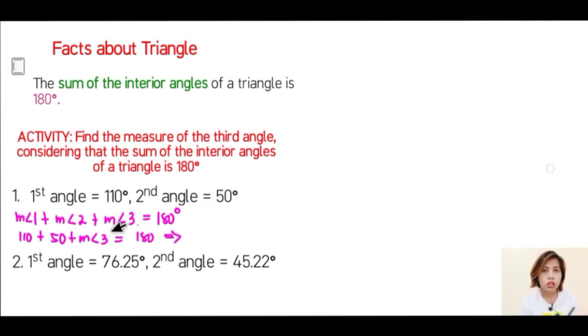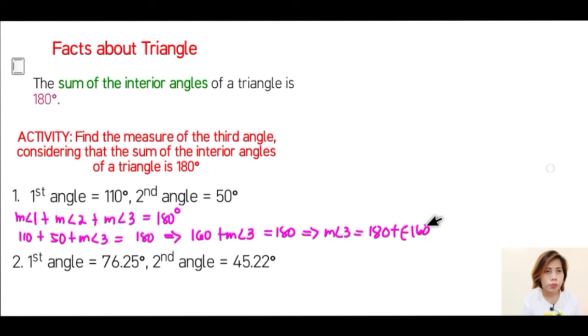So, lagyan natin dito. 110 plus 50 is 160 plus measure ng angle 3 is equal to 180. And then, measure of angle 3 is equal to 180 plus negative 160. So, the answer, measure of angle 3 is equal to 20 degrees.